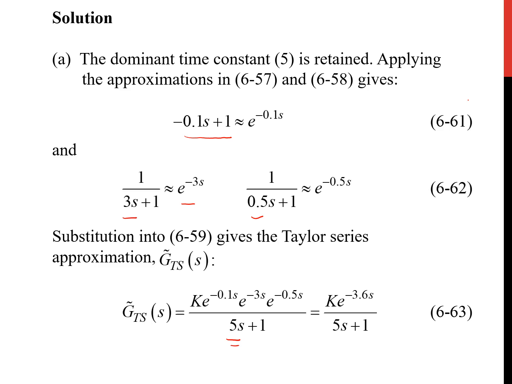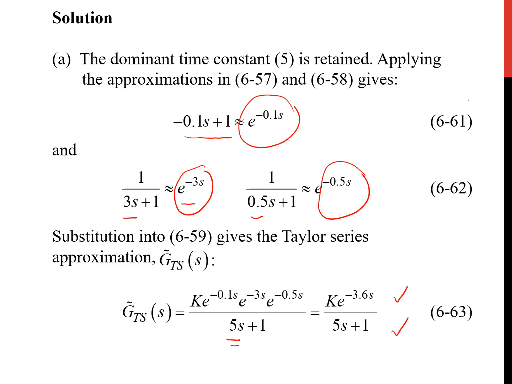This is identified as the new time delay. You add all of it, 3, 0.5 and 0.1, and it becomes exponent negative 3.6s, and the other one becomes 5s plus 1.